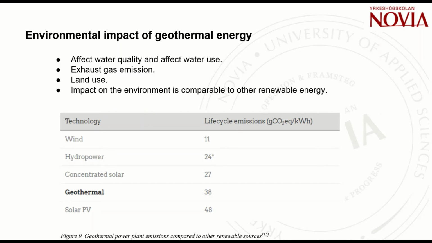We know that no matter what form, energy has a negative impact on the environment. Geothermal energy is already a relatively harmless technology, but let's see. First is the effect on water quality and water use. Most geothermal water contains large amounts of sulfur, salt, and other minerals.